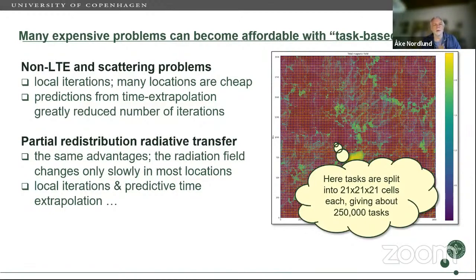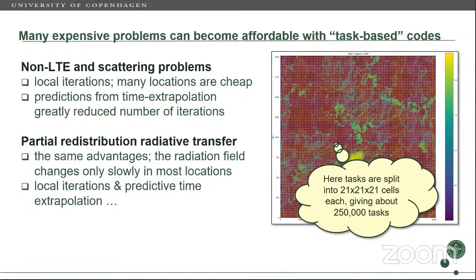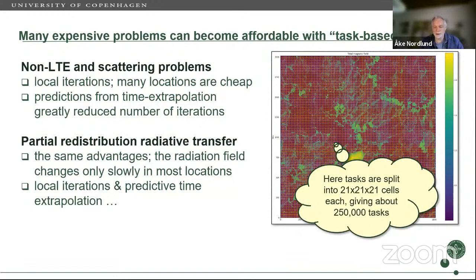That means if you're solving a scattering or non-LTE problem, you only need a few iterations to update the solution. And if you're doing partial redistribution, the same thing is basically true.